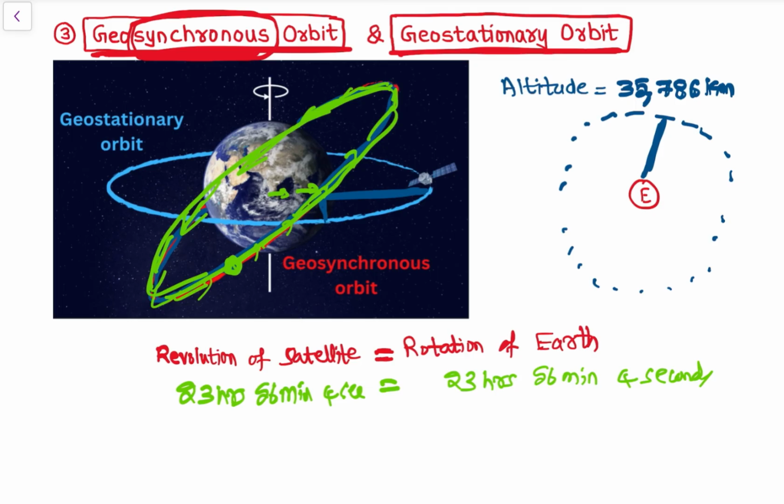So that's why it is geosynchronous. The orbit is synchronous with the earth's rotation. That means the satellite takes about 1 day to complete one orbit, similar to the rotation of the earth. That's why it is called geosynchronous.